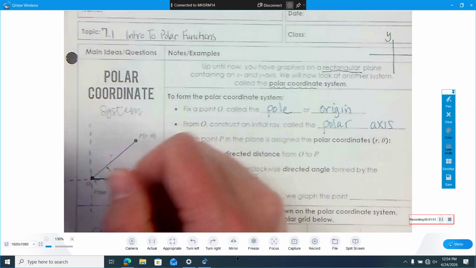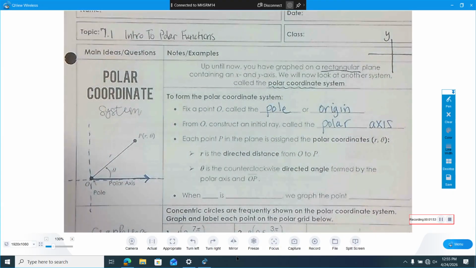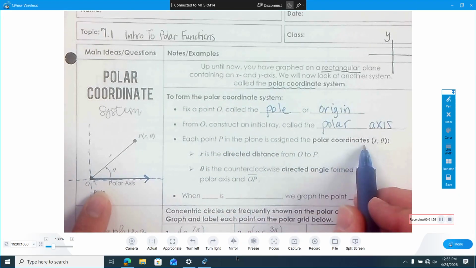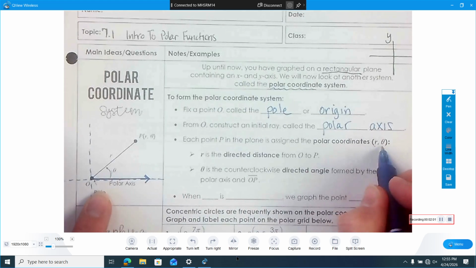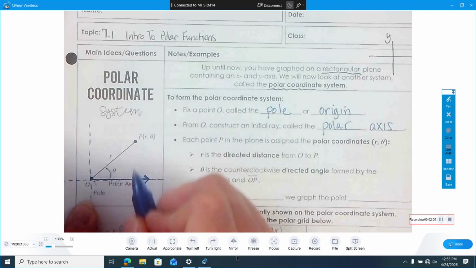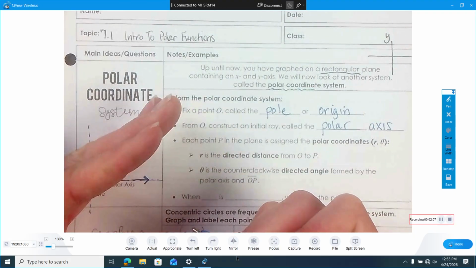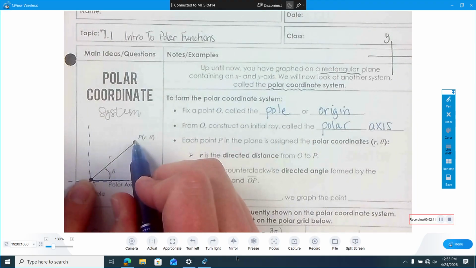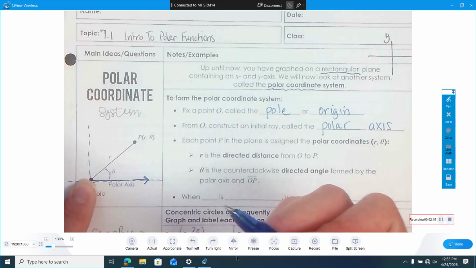And what we're really graphing here is angles. Each point P in the plane is assigned a polar coordinate, r theta. You can see for point P we've opened up an angle, and we've gone a certain distance, r. What do you think r stands for? Radius, absolutely.